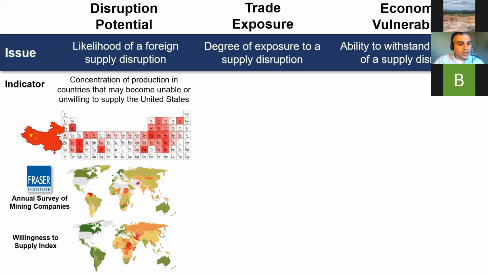To apply an ability metric, we use the annual survey of mining companies done by the Fraser Institute. I would imagine that a lot of the participants on this call are familiar with this survey because you're probably being asked.